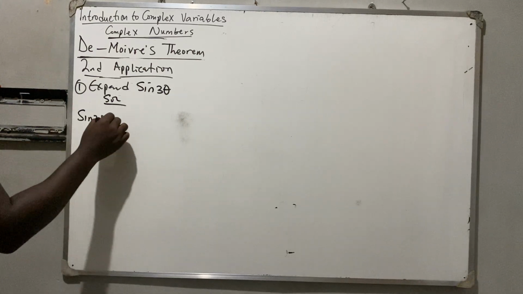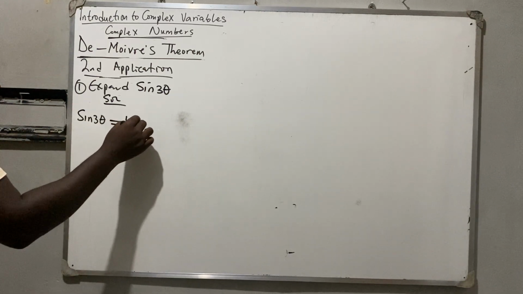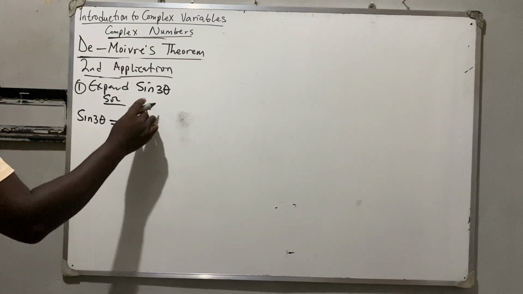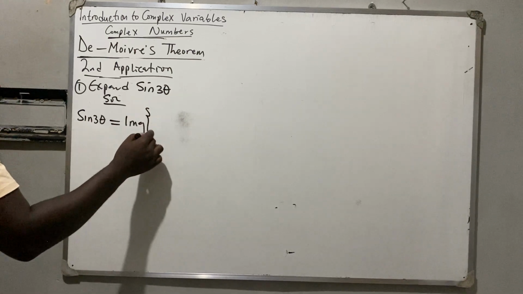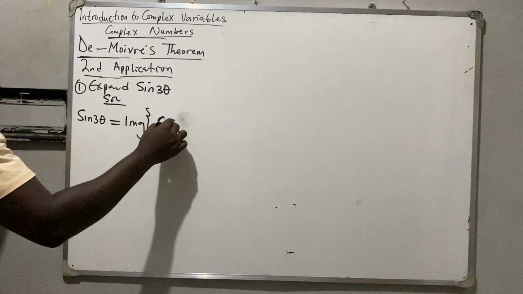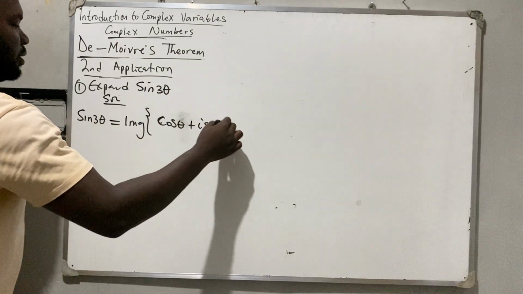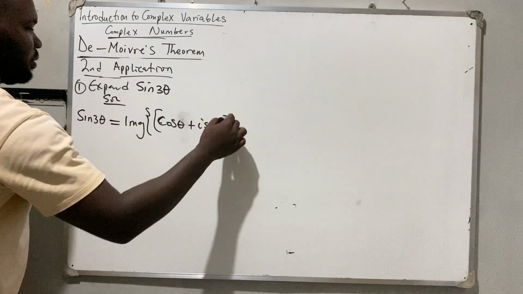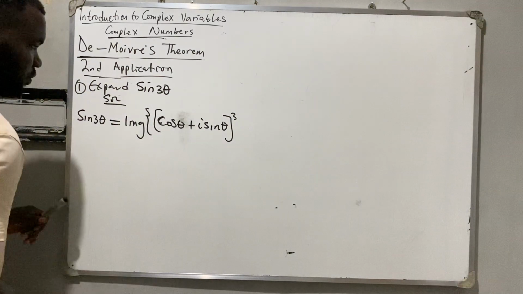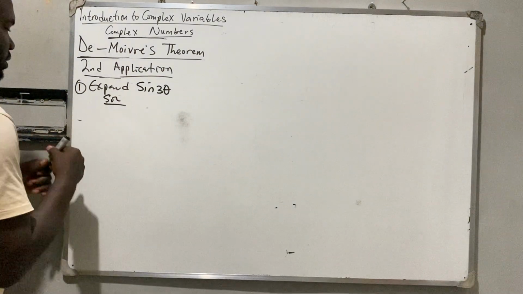So sine 3 theta is the same thing as saying the imaginary part of cos theta plus I sine theta raised to power 3.